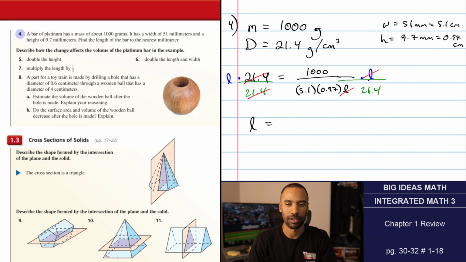So let's go to the calculator. Be very careful again on order of operations. So I'll do 1,000 divided by, in parentheses, 5.1 times 0.97, times 21.4. I would practice this. Don't just rely on what I have here. You might make a mistake otherwise without the parentheses.